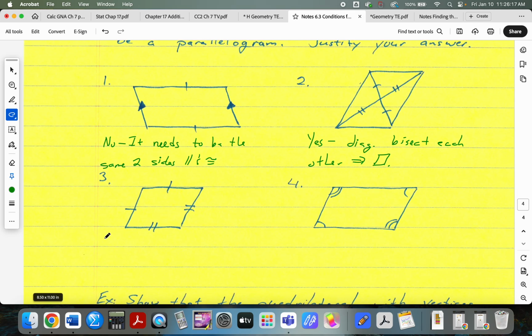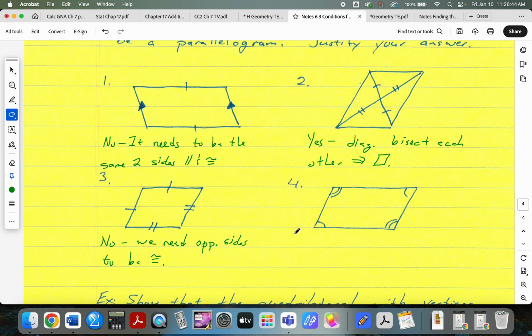All right, what about number 3? No. What's the problem? Choose the opposite sides. Right, we need the opposite sides congruent. What about number 4?